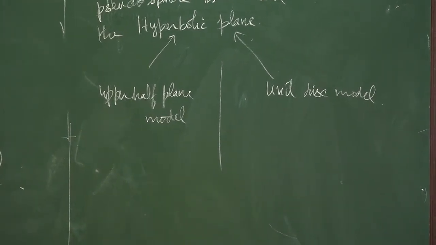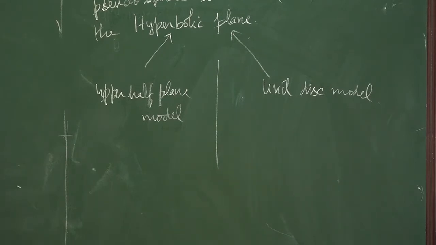So the upper half plane, open upper half plane, y greater than 0, or imaginary part of z greater than 0, if you think of it as a complex plane.